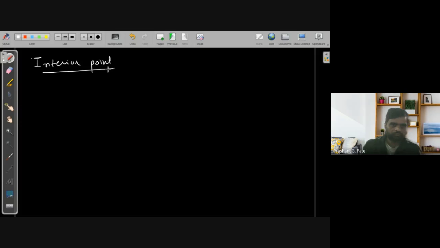So the question is how we can define an interior point. That is the next concept. Yes, anyone have any idea to define an interior point?